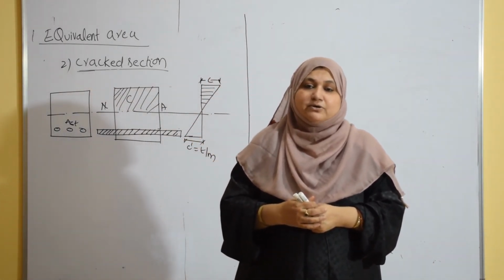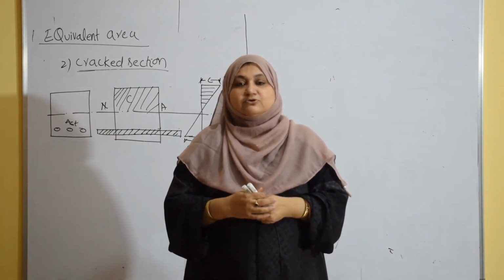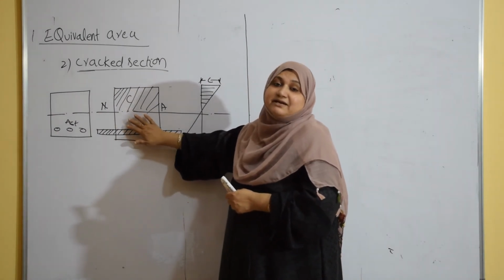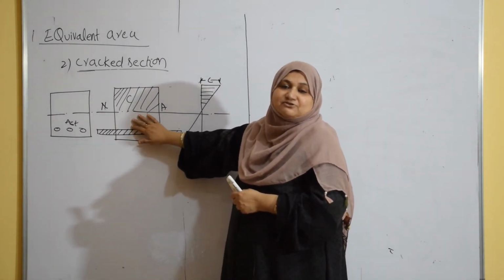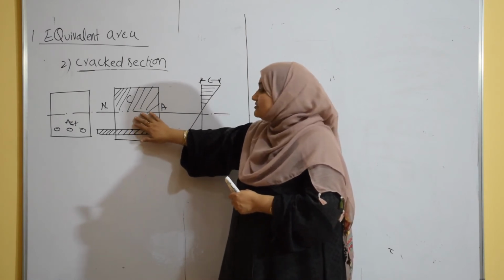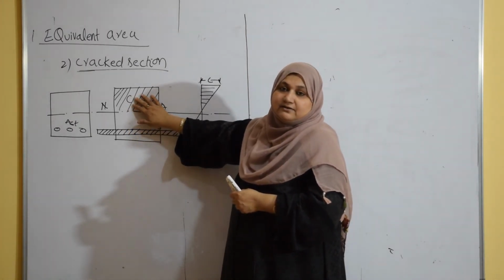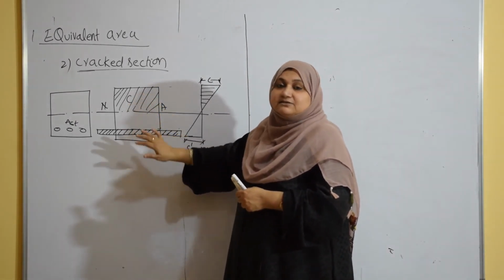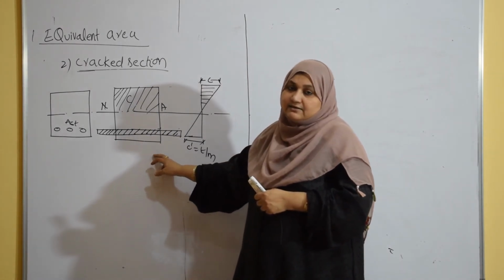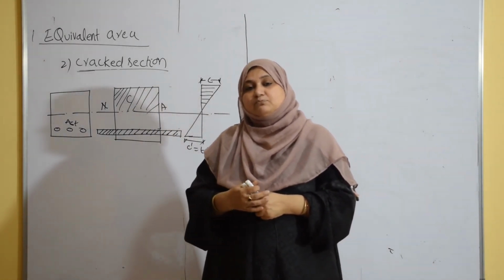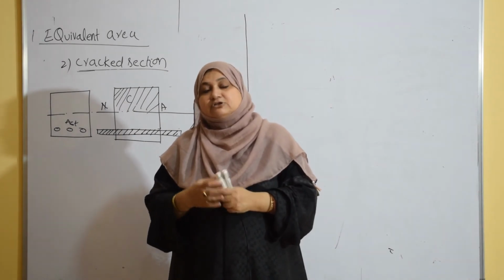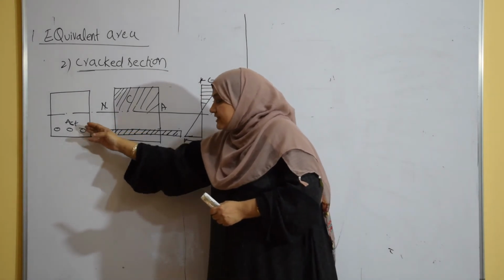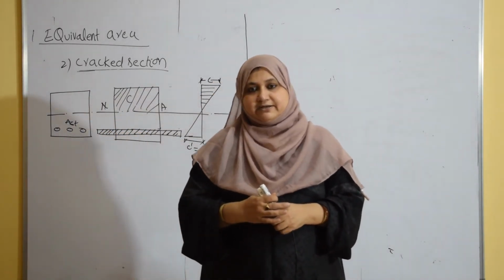Even under normal loading, it will crack. In such cases, the concrete in the tension zone becomes ineffective. The entire compressive stresses will be taken up by the concrete above the neutral axis, and the entire tensile stresses will be taken up by the steel below the neutral axis. So the simple thing is that when the load is more, the concrete will crack. In such cases, how do we convert the steel area into equivalent concrete area?